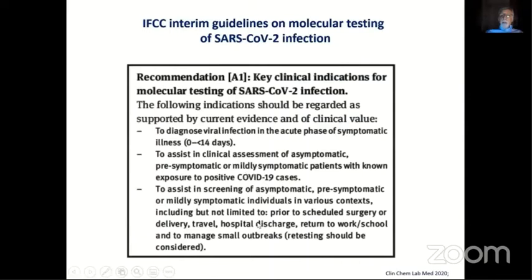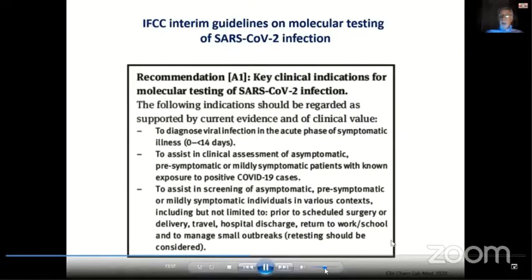It's important to assist in screening of asymptomatic, pre-symptomatic, or mildly symptomatic individuals in various contexts, for example, prior to scheduled surgery or delivery, to enter the hospital, for travel, for hospital discharge, to return to work or school, and to manage a small outbreak.